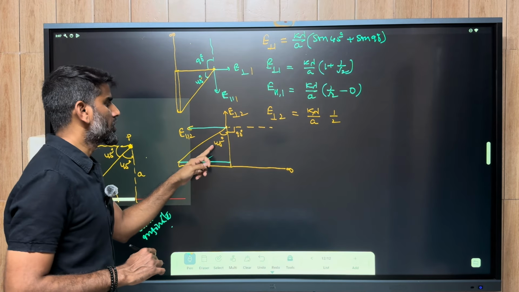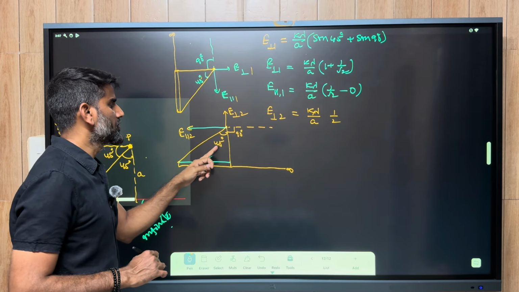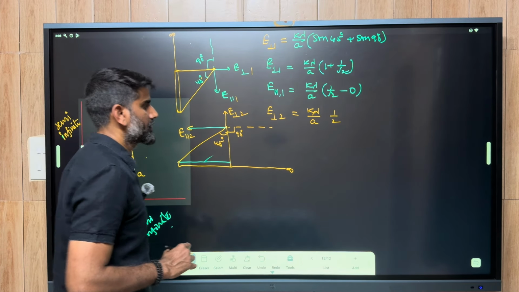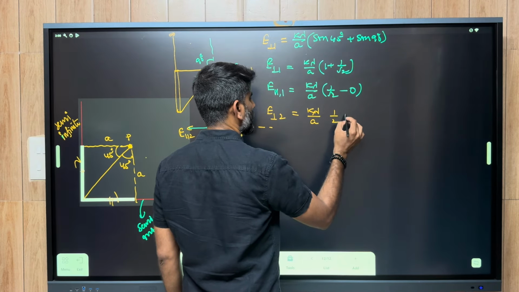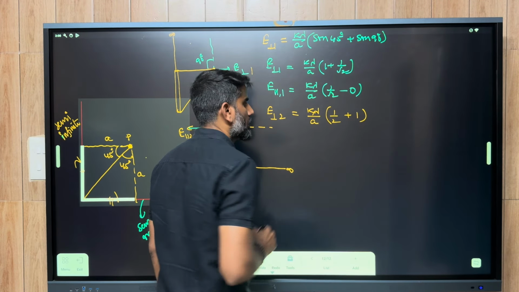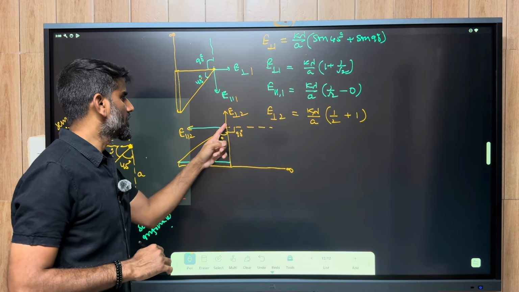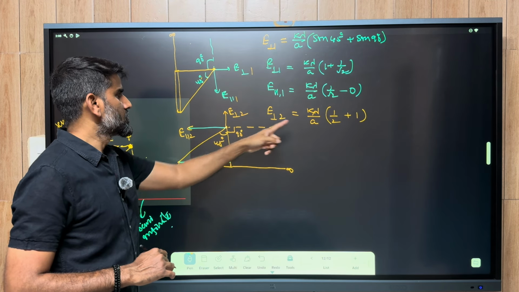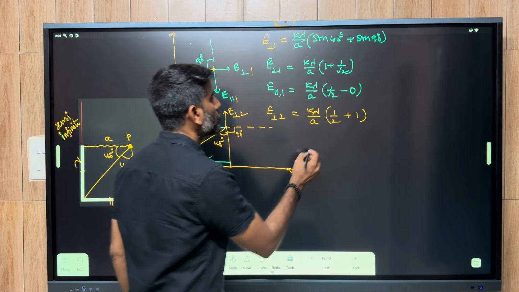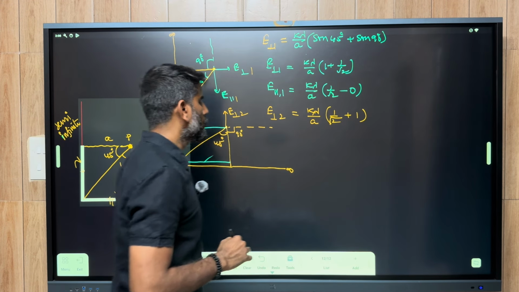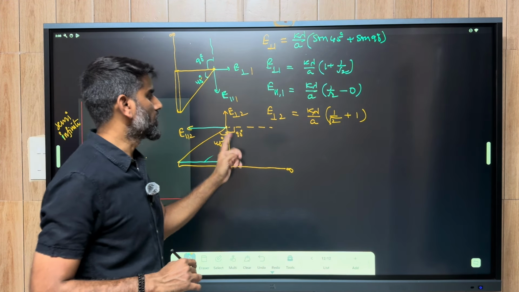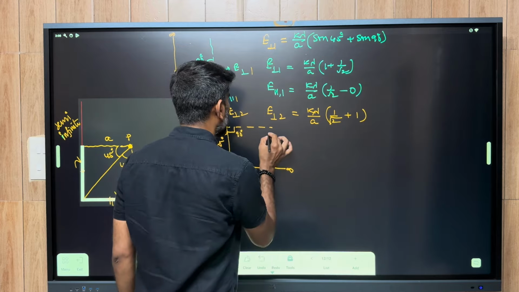Now, theta 1 is 45, theta 2 is 90 degrees. Sin 90 is 1. Right? E perpendicular is sin theta 1, 1 by root 2, plus sin theta 2, sin 90 degrees. Okay.